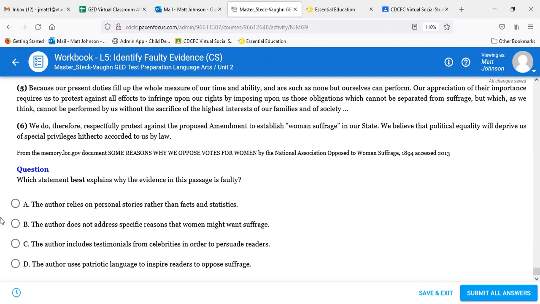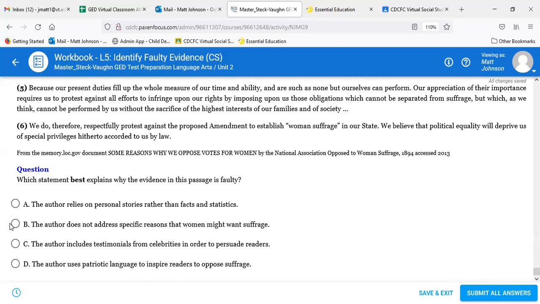B, the author does not address specific reasons that women might want suffrage. C, the author includes testimonials from celebrities in order to persuade readers. D, the author used patriotic language to inspire readers to oppose suffrage. Is it D? It's B.